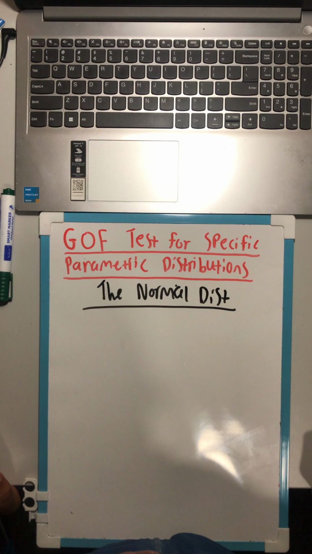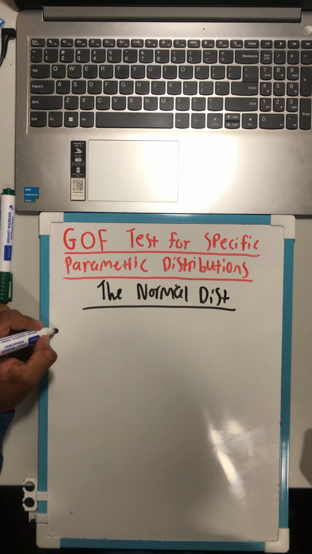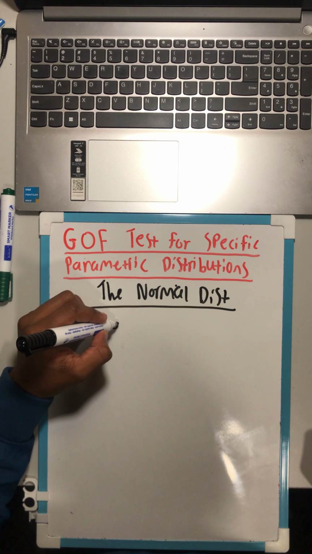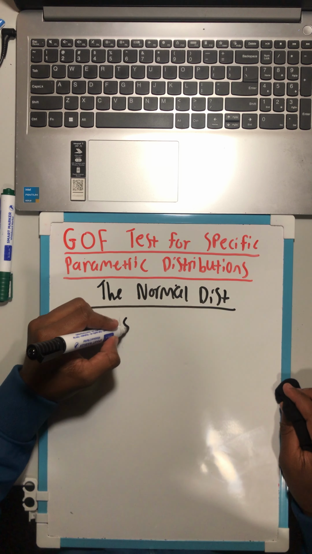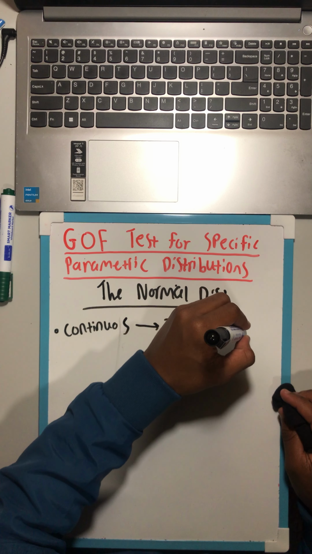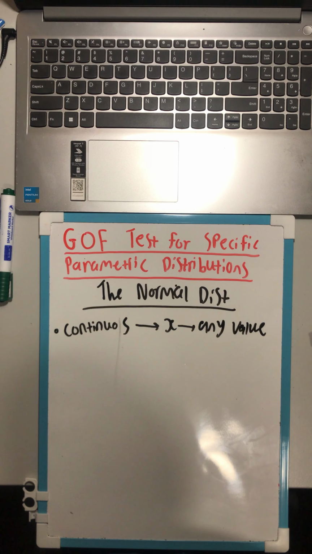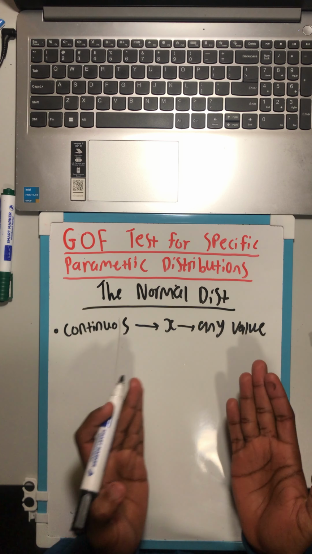In the normal distribution, unlike binomial and Poisson, it is continuous, meaning x can take any value. X can take any value from negative infinity to positive infinity. It is also continuous in any given interval.